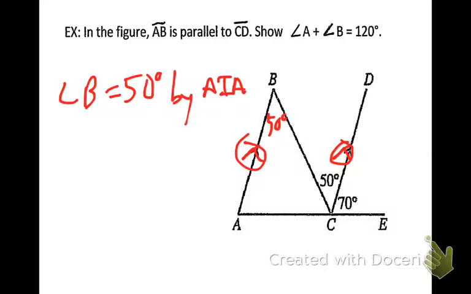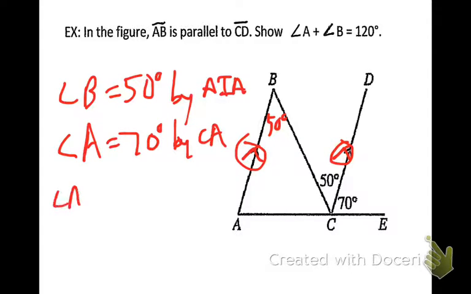And what does angle A equal? Christopher? Why? Yeah, CA. Angle A is 70 by CA. So, angle A plus angle B is equal to 50 plus 70, which is equal to 120.